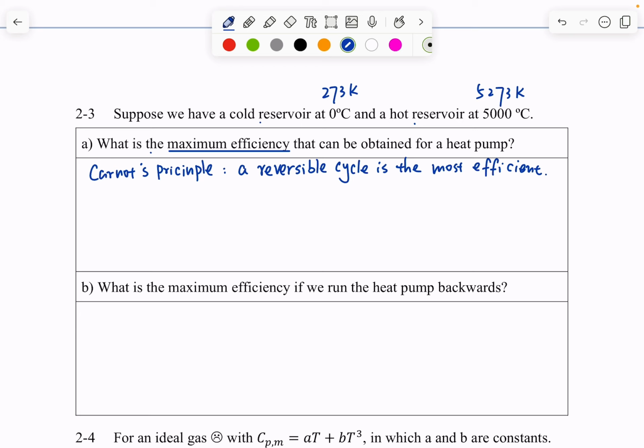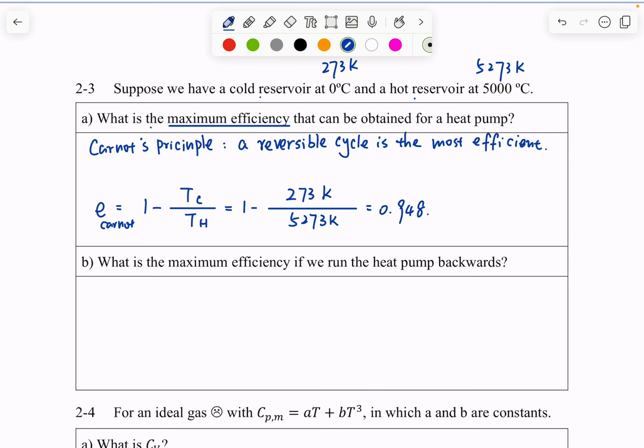We have our Carnot cycle as a reversible cycle, so we can use the efficiency of the Carnot cycle. That's 1 minus Tc over Th, equals 1 minus 273 over T hot. That gives you 0.948.